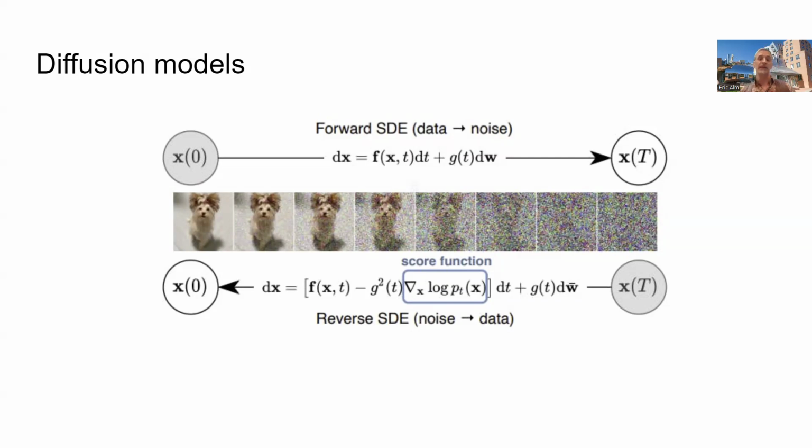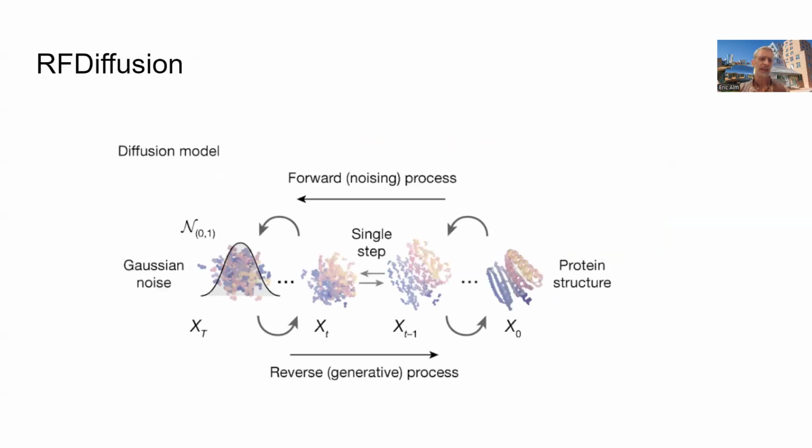And basically, the idea is to train a neural net to remove noise from the system. And so we can do this with images, and really all of the top generative AI tools for making high quality images or high quality videos are based on this diffusion model.